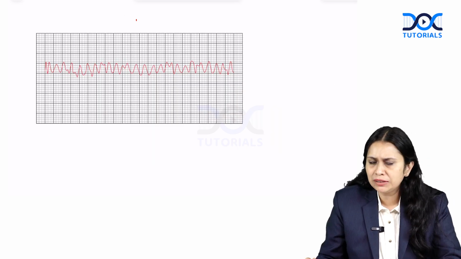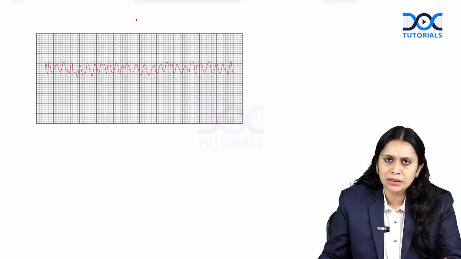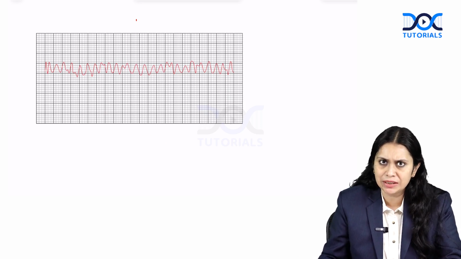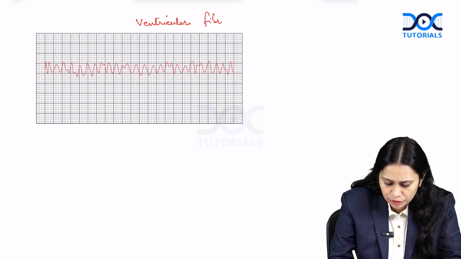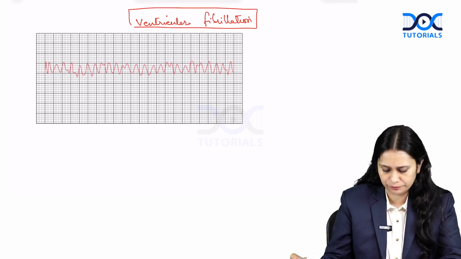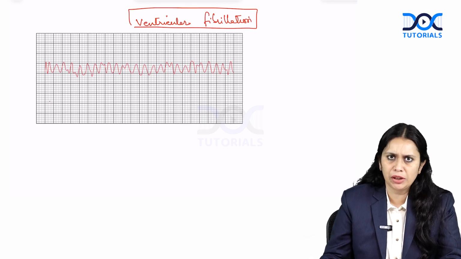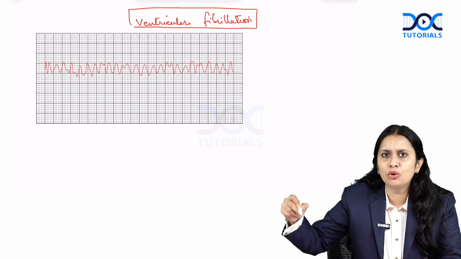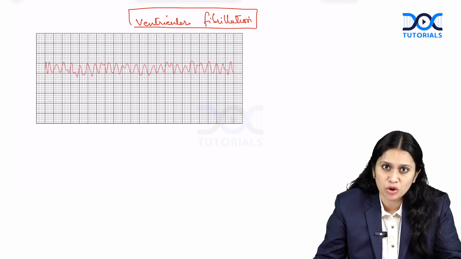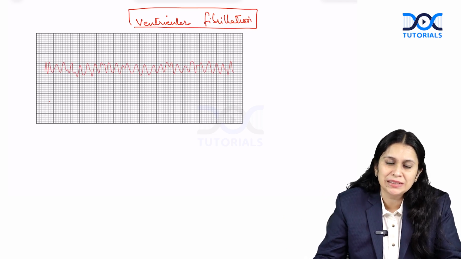First, let us see what kind of rhythm we will see on the monitor in VF or VT. As you can see on the screen, this is ventricular fibrillation. Now, what do I mean by ventricular fibrillation? If you give a pen to a 1-year-old child who doesn't know how to write, whatever lines he draws on the paper with the pen, those lines are ventricular fibrillation.